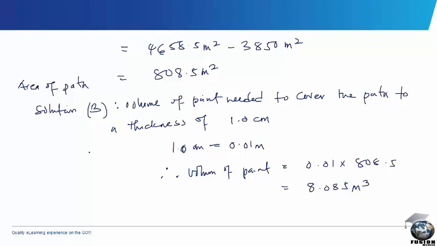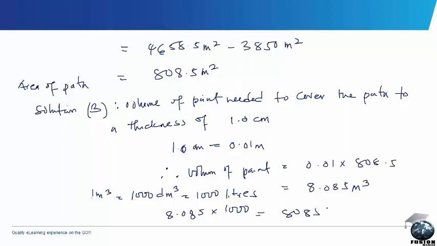If you go back to your table of relationships, you find that 1 meter cubed is equal to 1000 liters. Therefore, converting this to liters, you multiply 8.085 by 1000, which will give you 8085 liters.